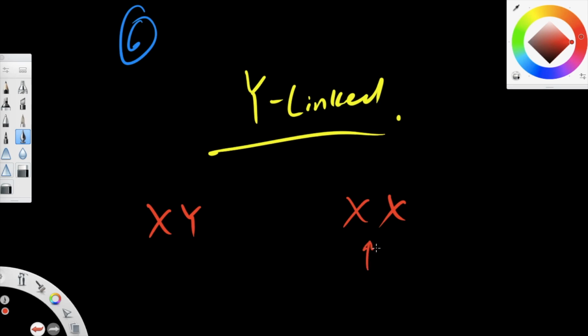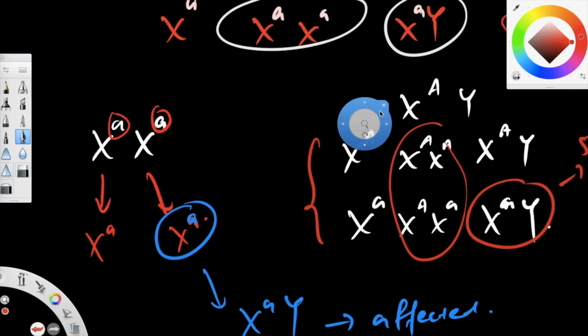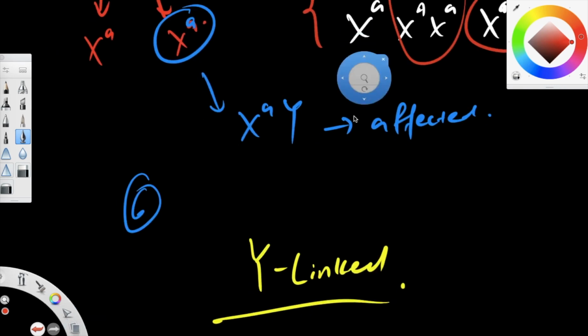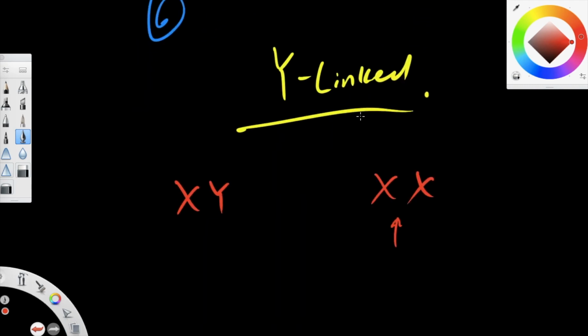Because females do not inherit Y chromosomes. Therefore, if you see a pedigree where only males are affected, you would think about it being either Y-linked or X-linked recessive, because as you have seen here in the above scenarios, males are more likely to be affected than females. So if the criteria of X-linked recessive does not satisfy, you could be thinking about Y-linked.